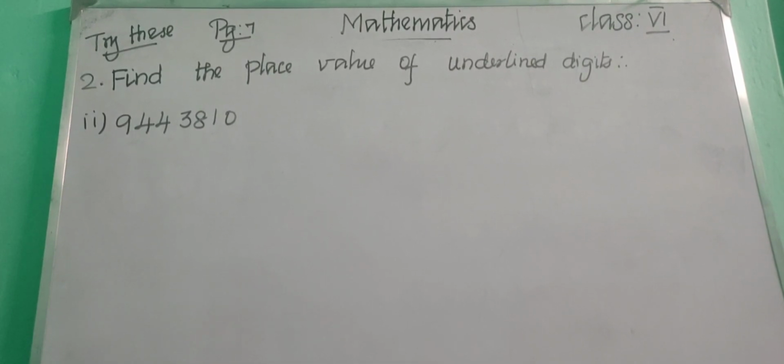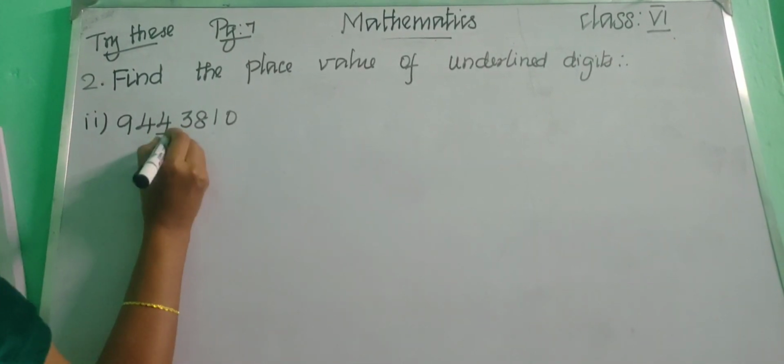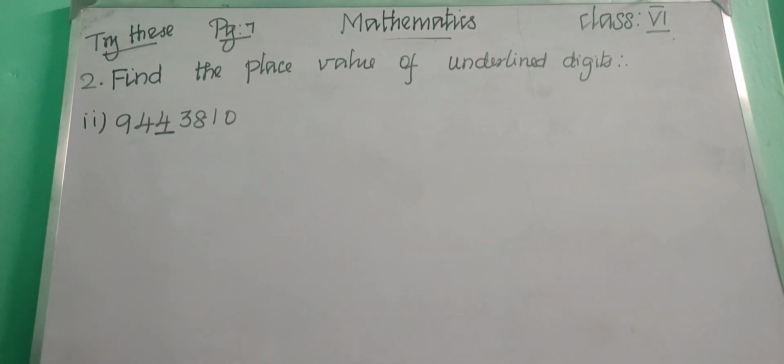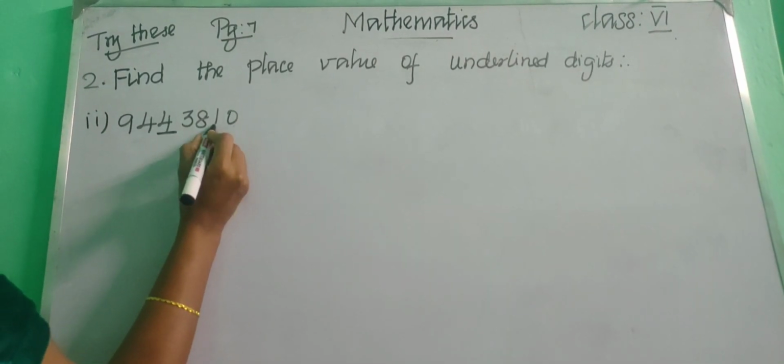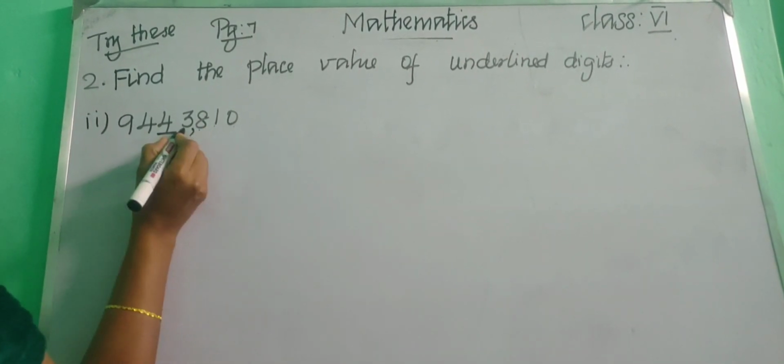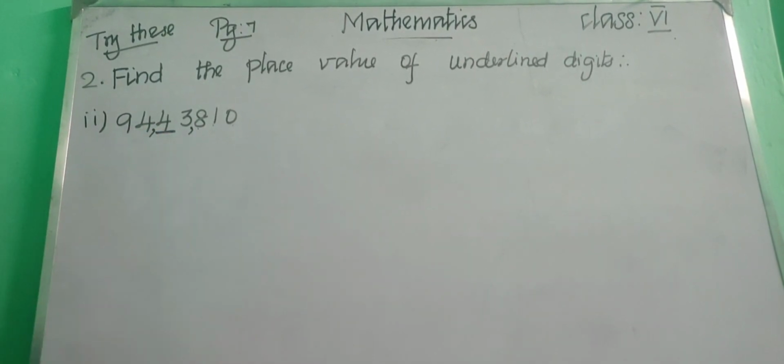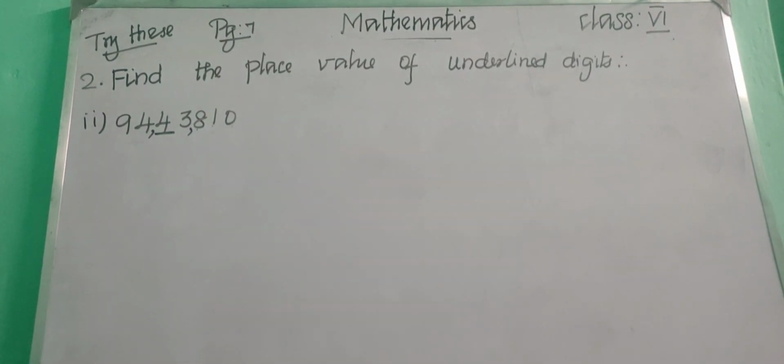After that, second one: find the place value of underlined digits. The underlined digit is this 4. First of all, what we need to do? We insert commas. So 1, 2, 3 and then put comma and then 1, 2 and comma. Likewise we can insert the comma.